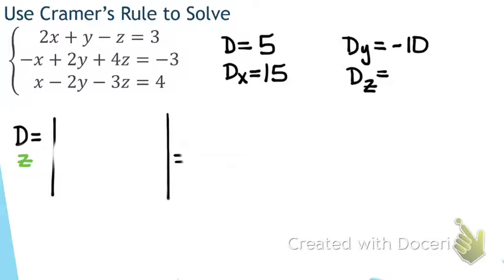So my first column is 2, -1, 1. My second column would be 1, 2, -2. And now my third column, which would normally be z, is going to be my constants. 3, -3, and 4. So let's go ahead and find your determinant for matrix Z.